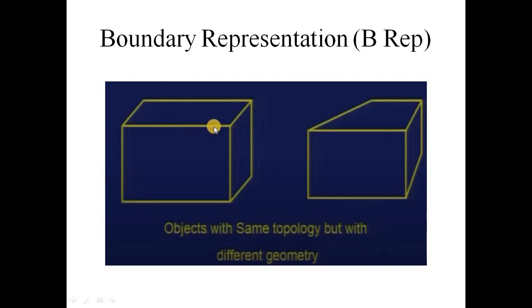This edge is made up of this vertical face and this horizontal face. Here also, this edge is made up of this vertical face and this horizontal face. So all the edges, faces and vertices are the same in these two blocks, but the difference is that the coordinates of the vertices in this case and in this case are different. So the geometric data is different, whereas the topological data is the same.